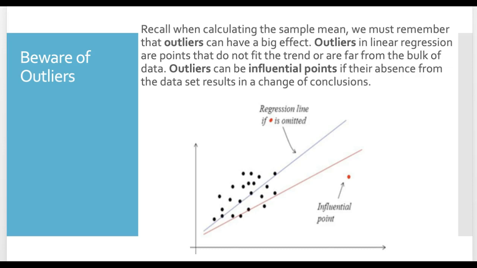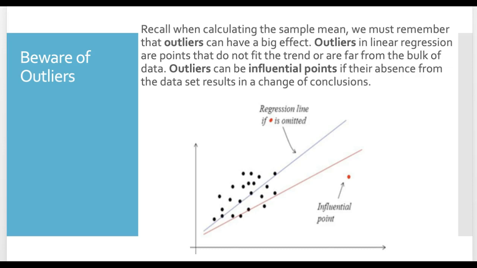And remember that these regression lines we're drawing are really just sample means spread all over the place. So outliers in linear regression are points that do not fit the trend or are far from the bulk of data. Kind of similar to what we're looking for in histograms. These outliers could be influential if their absence from the data results in a change of conclusions.